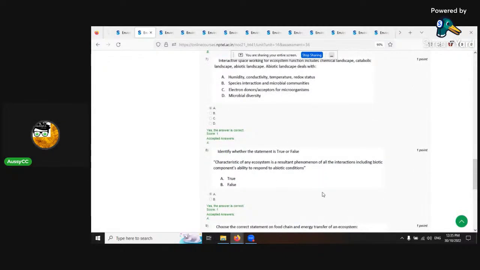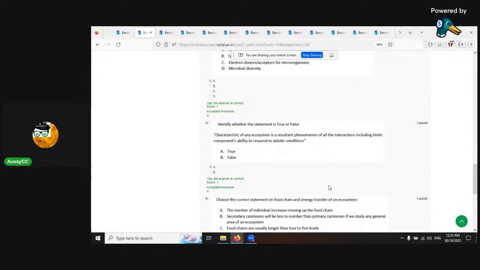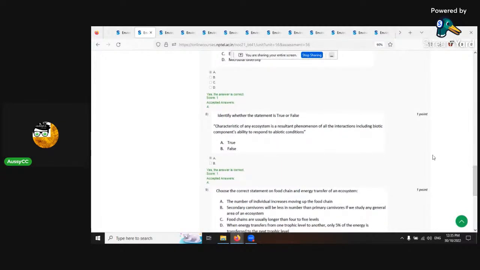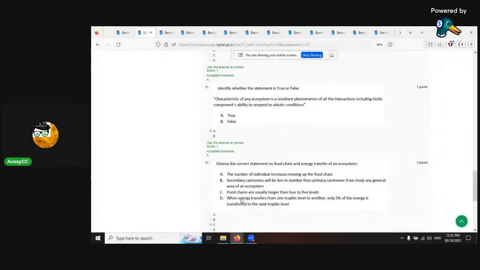Choose the correct statement of the food chain. Alright, the numbers: secondary consumers will be less in number than primary. Yeah, that's how it works. Food chains longer than 5 levels. Energy transfers to trophic. Oh no, that can't be, so it's B. C?